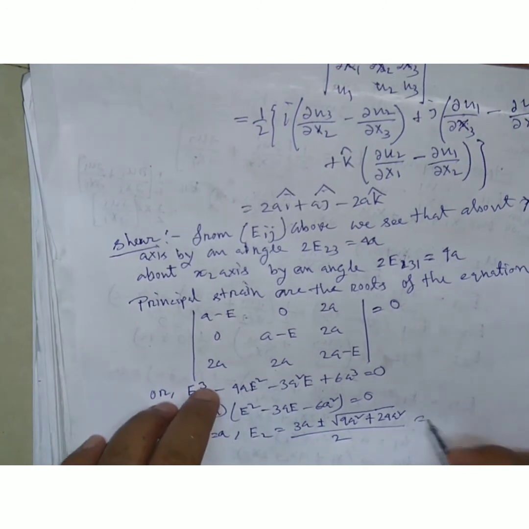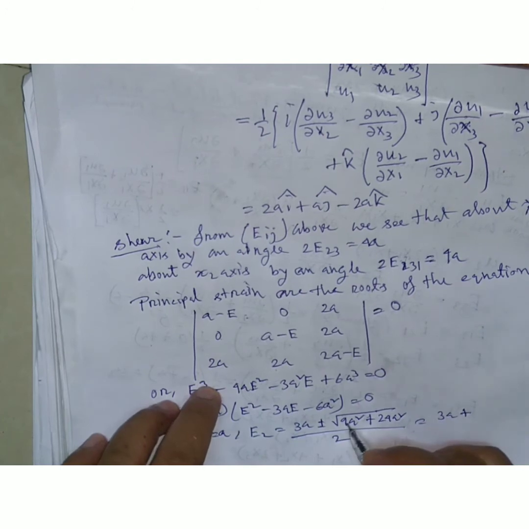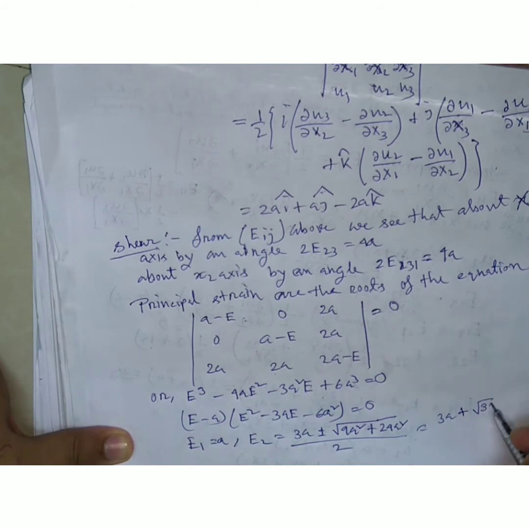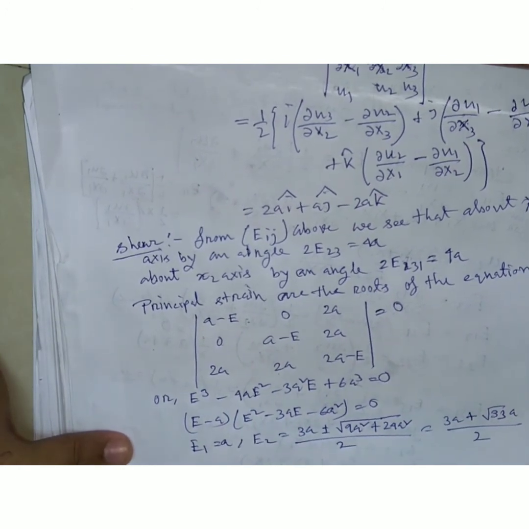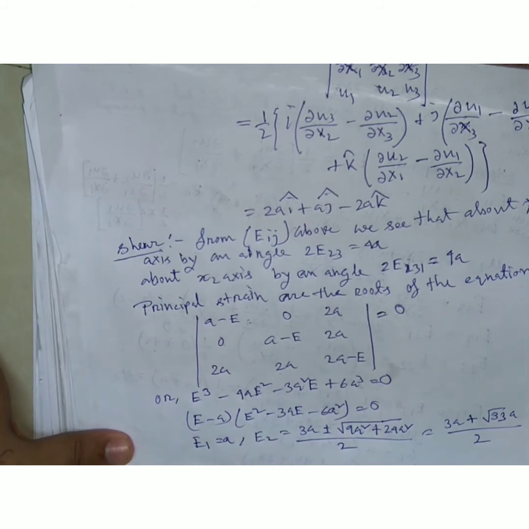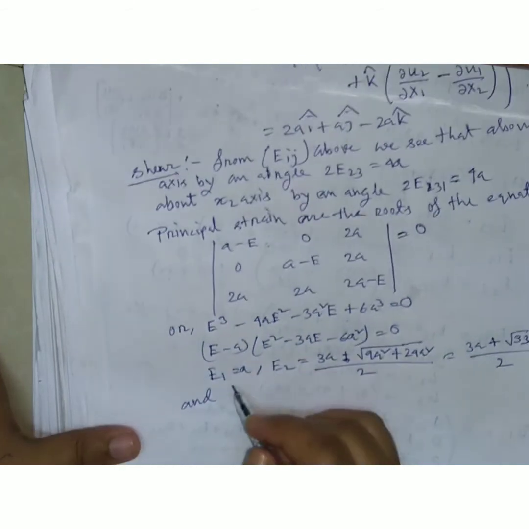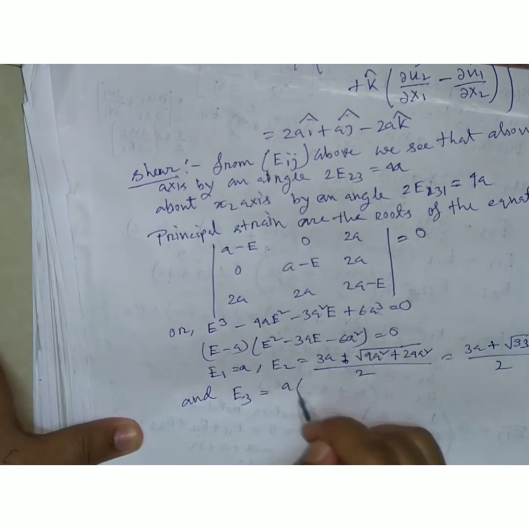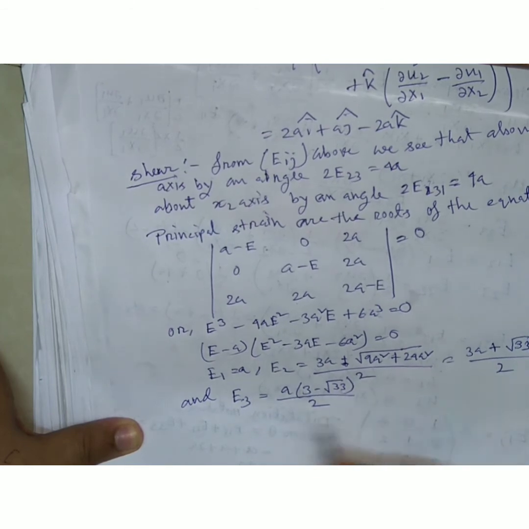So I get 3a plus the root of 33a squared divided by 2, and this is e2, and e3 is equal to a times 3 minus root 33 divided by 2.